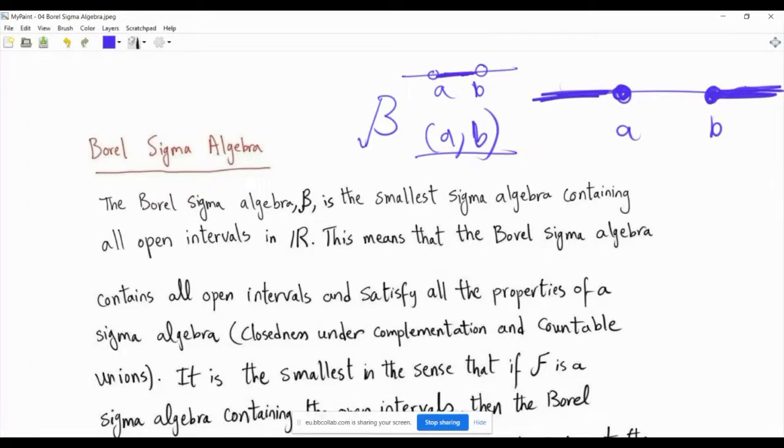Now, here is the nice thing about this Borel sigma algebra. If you find the Borel sets, those are the elements of the Borel sigma algebra, on R, on the real axis, how do we find them on [0, 1]?